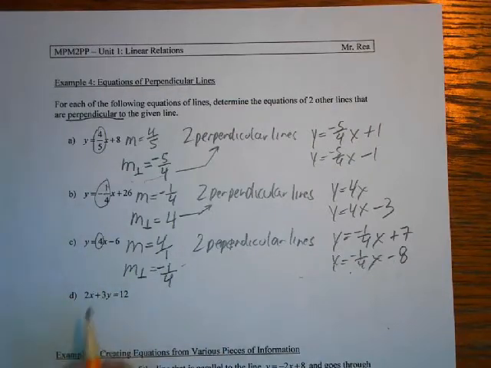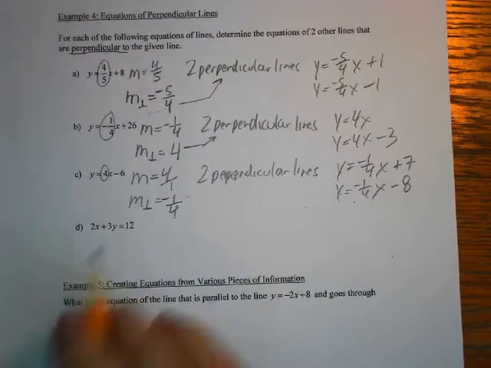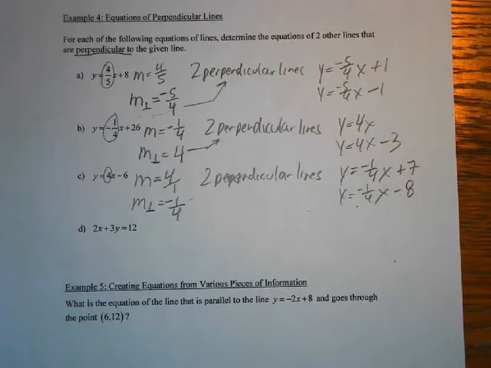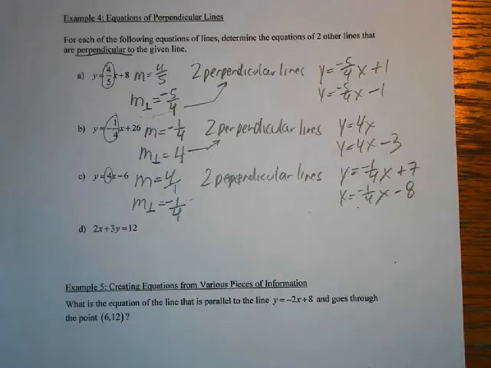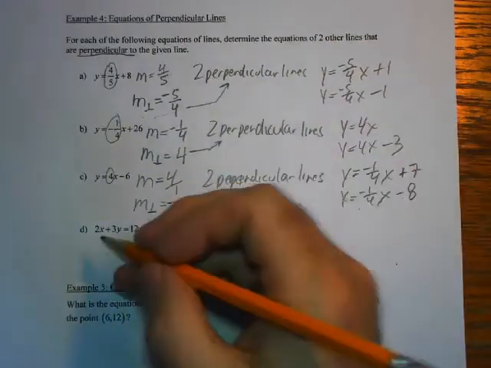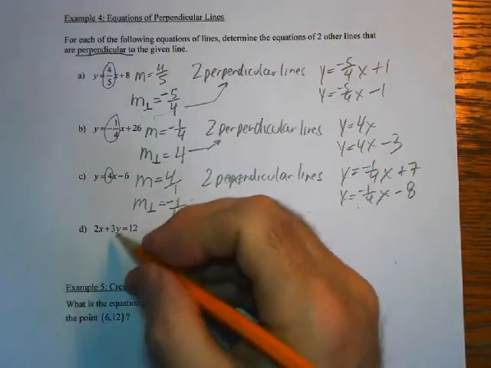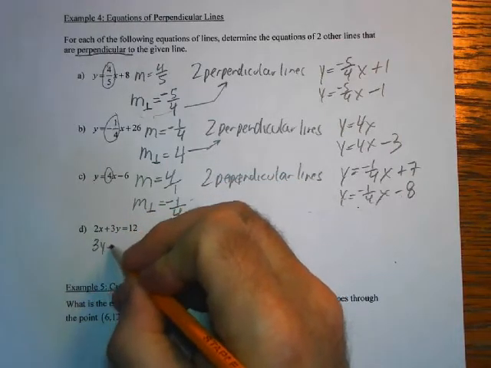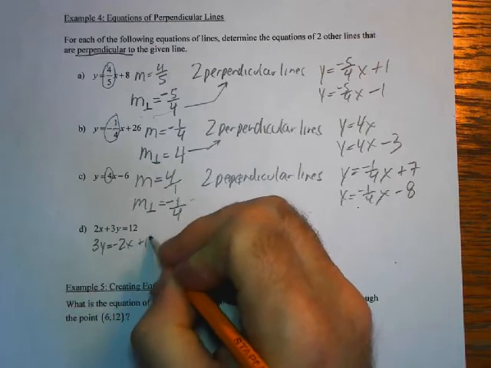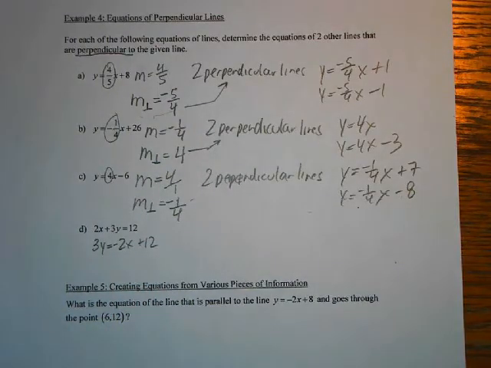Okay, and again, the last example here, similar to the previous question. This line is not written in slope y-intercept form, so we have to do it. It's actually the same equation. So again, I'm going to subtract 2x from both sides, and then divide everything by 3.